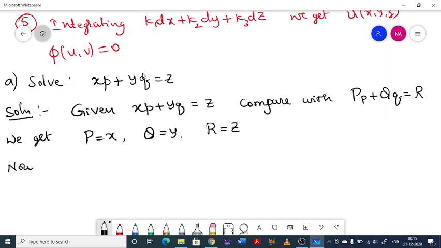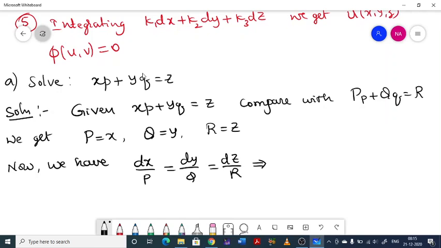Next step, we have to write this in the form dx by P equal to dy by Q equal to dz by R, which implies dx by x equal to dy by y equal to dz by z.